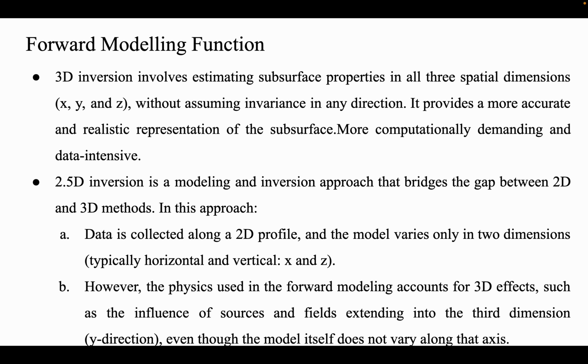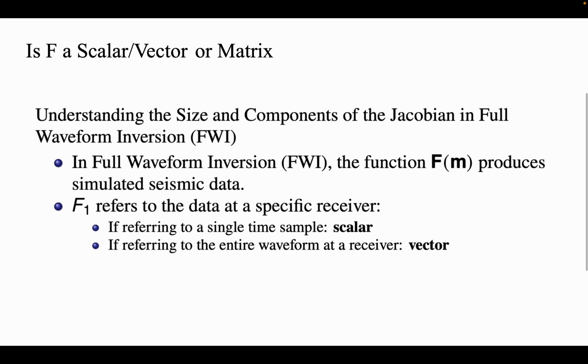The model is even varying in 2 dimensions. But the physics we are using for forward modeling accounts for the 3D effects, such as the influence of source and fields extending into the 3rd dimension, even though the model itself might not vary in the x-axis direction. This is very important for you to understand.